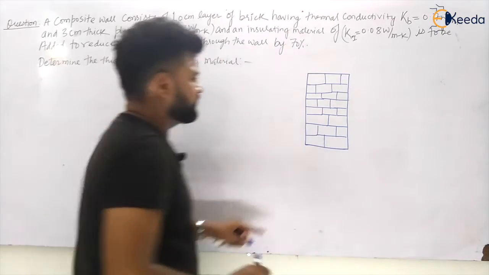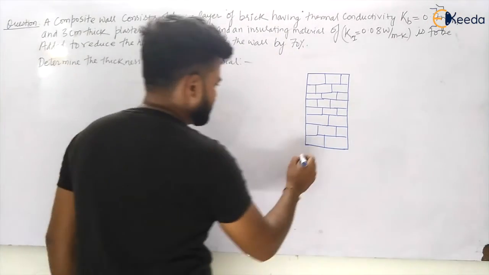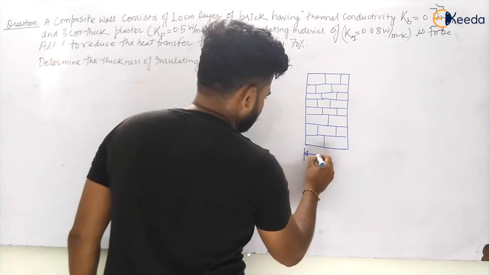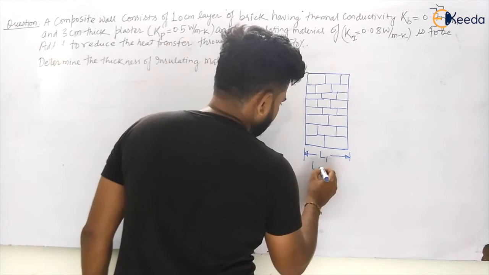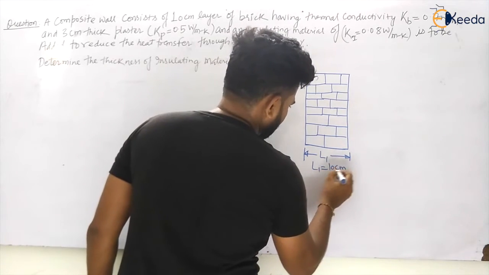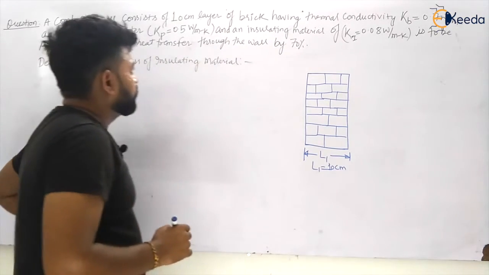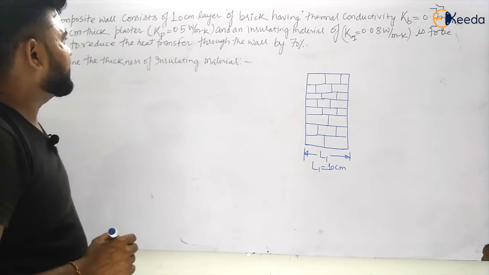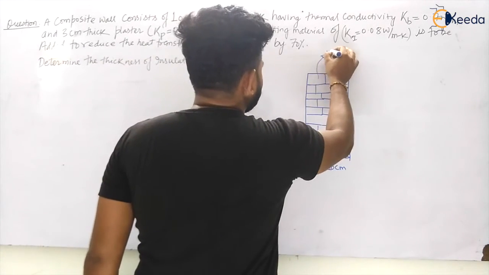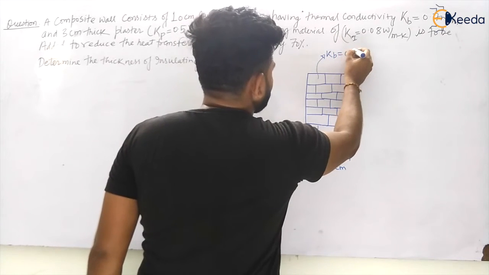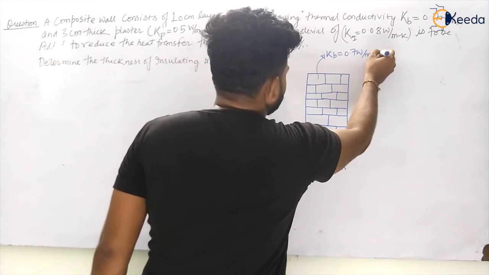So my dear students, this wall is made up of brick and the length, or we can say thickness, L1 is given to be 10 centimeter. Having thermal conductivity K brick, how much is it given? K brick is given to be 0.7 watt per meter Kelvin.